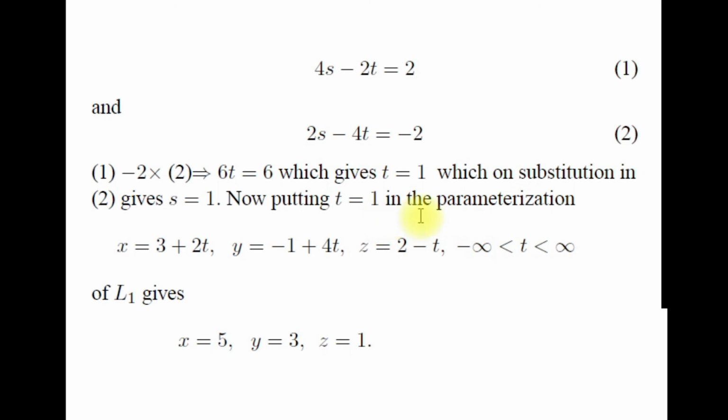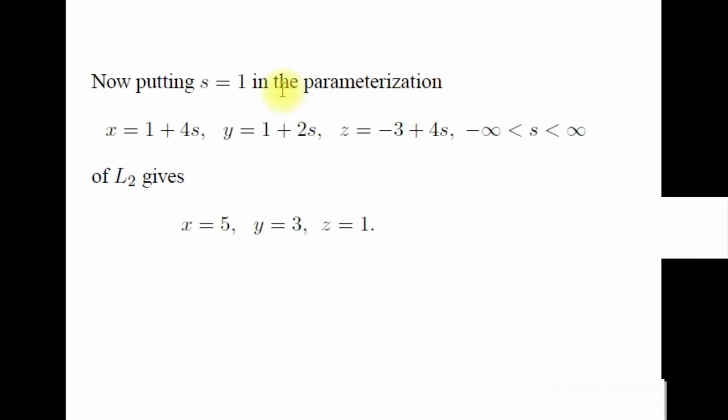Now putting t = 1 in the parameterization of line L1, we have x = 3 + 2 = 5, y = -1 + 4 = 3, z = 2 - 1 = 1. Now putting s = 1 in the parameterization of L2, we get x = 5, y = 3, z = 1.